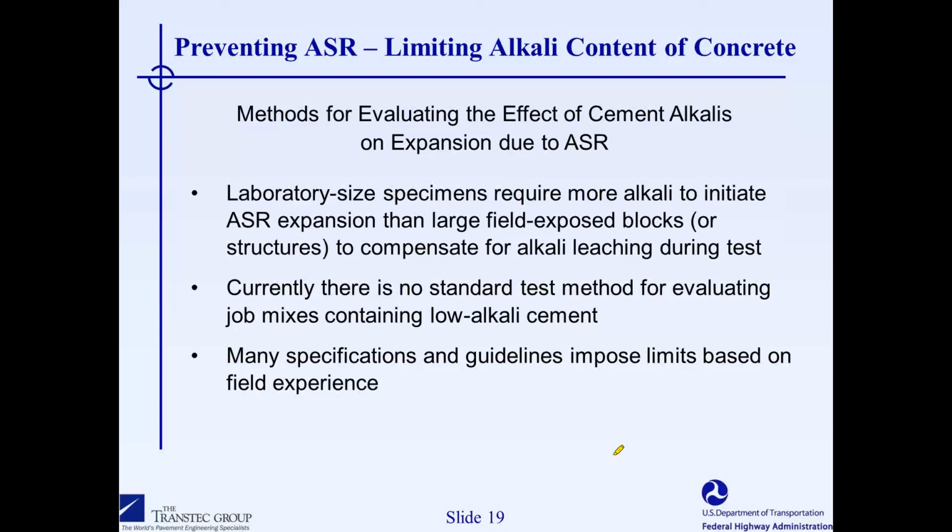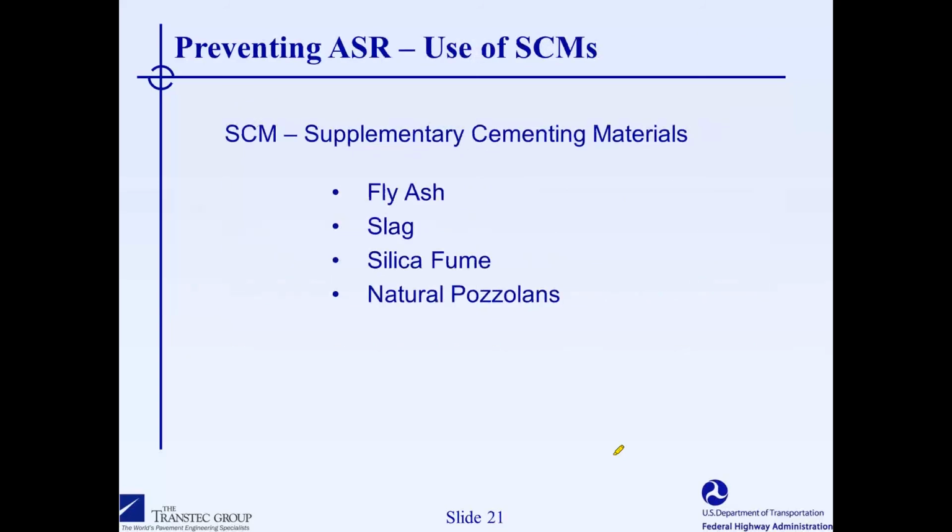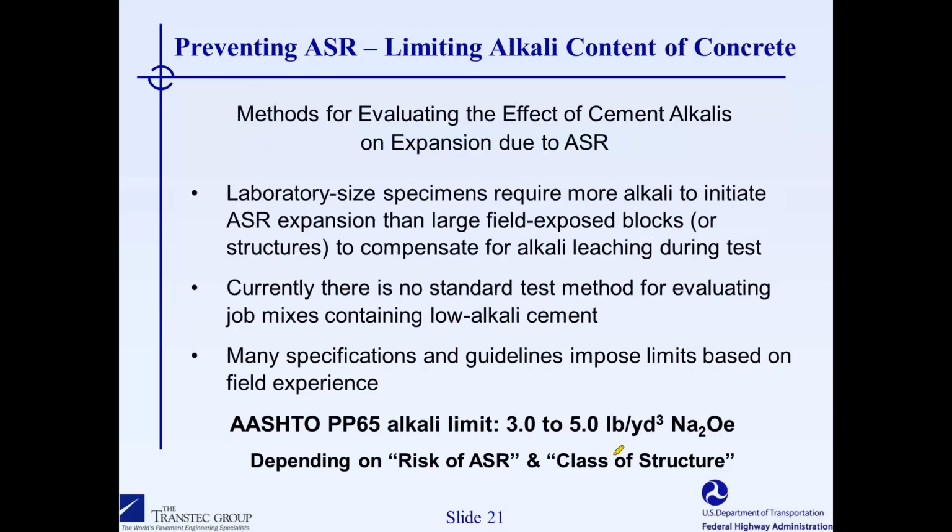Given that we don't have a decent, reliable method for establishing the threshold alkali level for a given aggregate, what the tendency has been over the recent years is for specifications to actually use empirical values. AASHTO PP65, for example, uses an alkali limit that ranges from 3 to 5 pounds per cubic yard, and the actual limit depends on the risk of alkali silica reaction and the classification of the structure.